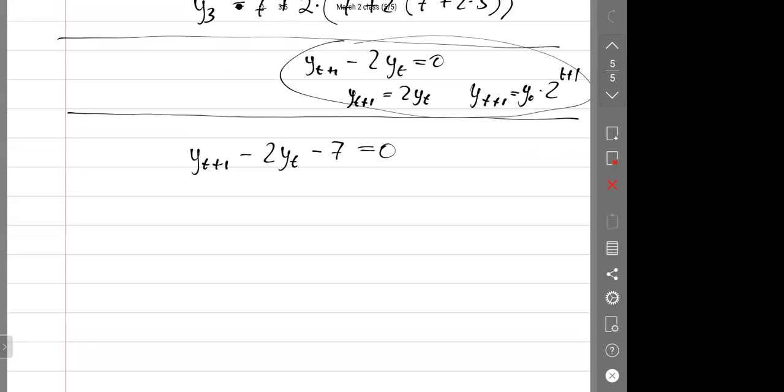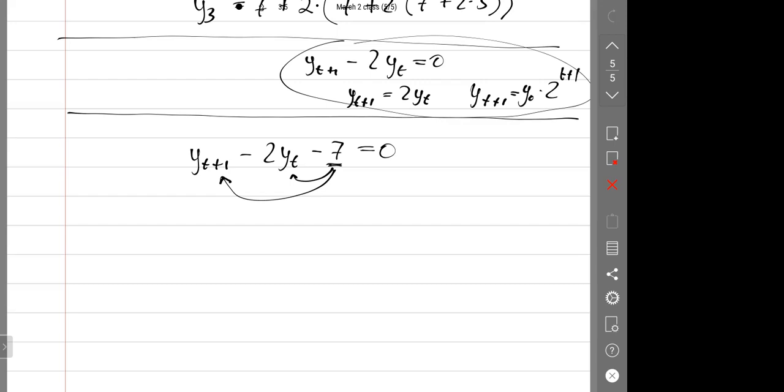I can move this 7 partly into y_t and partly into y_{t+1}.